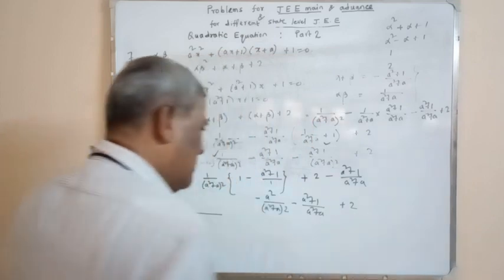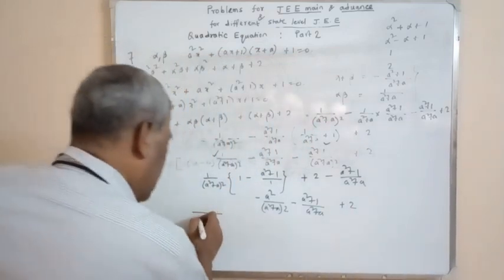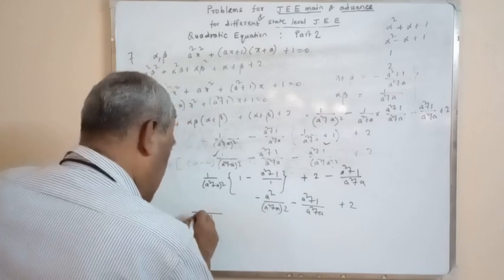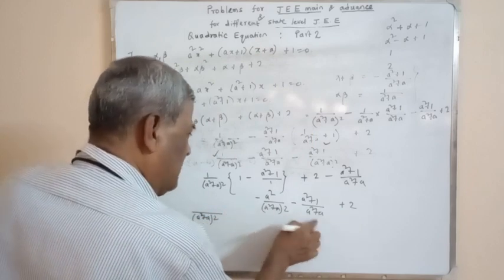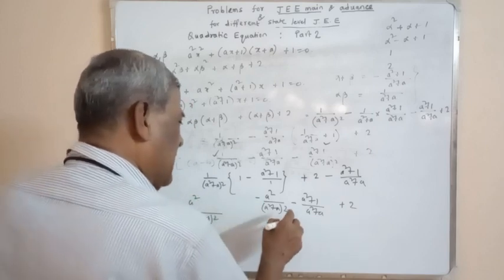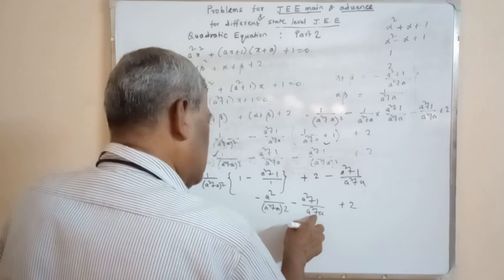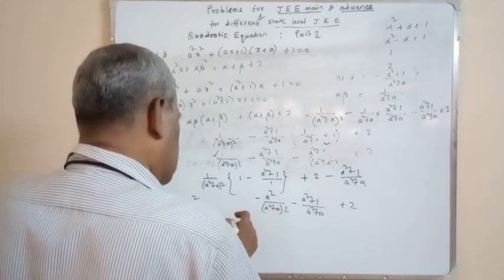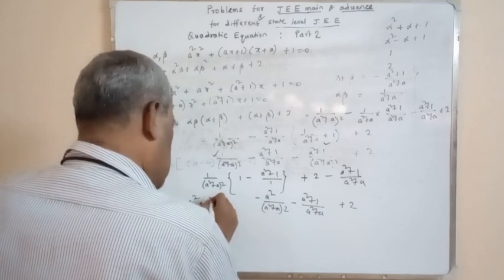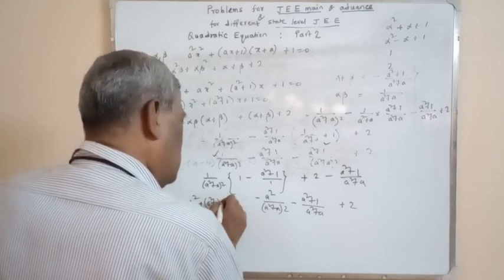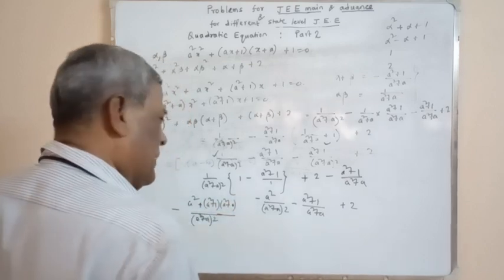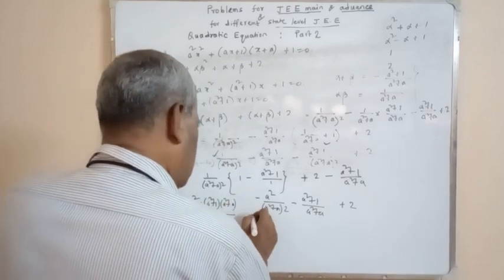Some mistake happened, probably. (a square plus a) whole square common, LCM, this is minus a square, and this is minus, already taken there, so plus (a square plus 1) into (a square plus a), remember, plus 2.